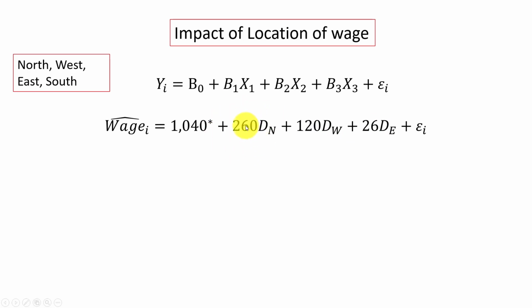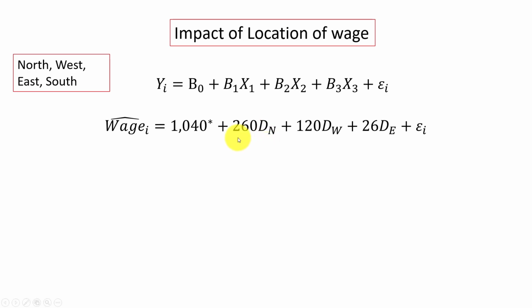That means we would accept the null hypothesis and reject the alternate hypothesis. And in this case, what would be the alternate and the null hypothesis? The alternate hypothesis would be that the wages in north are different from the wages in south. And the null hypothesis would be that there is no difference in the wages of a person working in north or south.